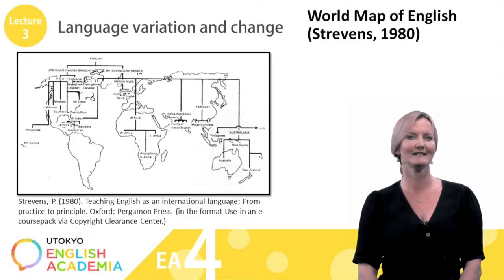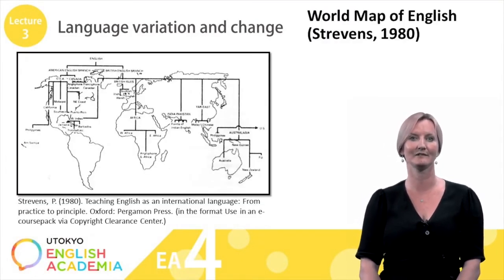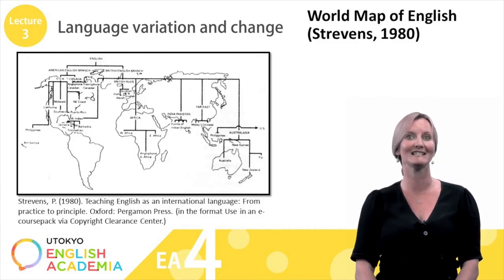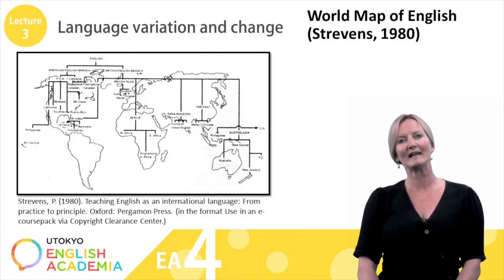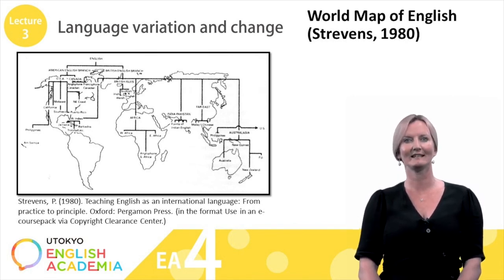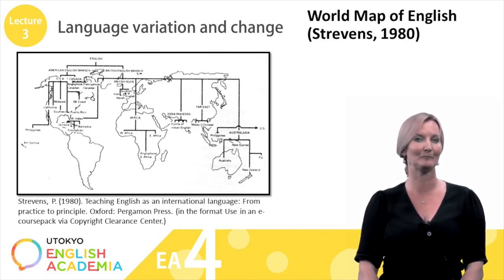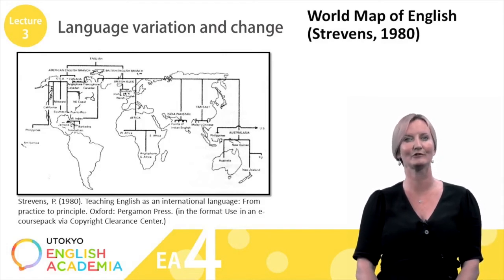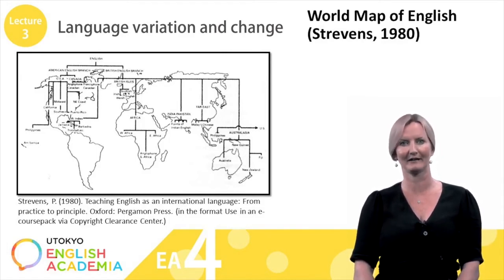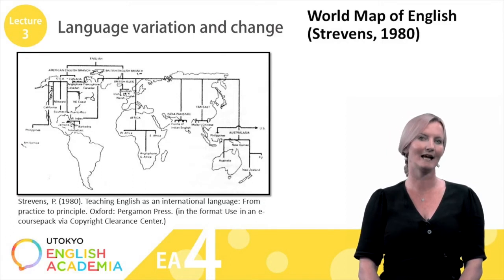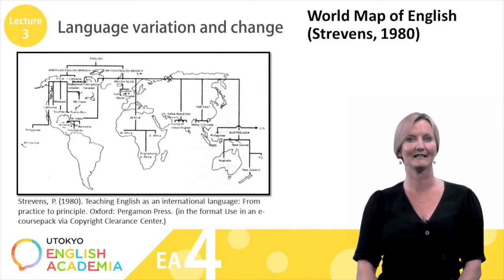One of the first attempts to categorise the world's English speakers was Strevens' World Map of English, first published in 1980. The aim of the upside-down tree diagram superimposed onto a world map is to highlight that the form of English by a certain group does not exist in a vacuum, but exhibits similarities with other varieties of English.